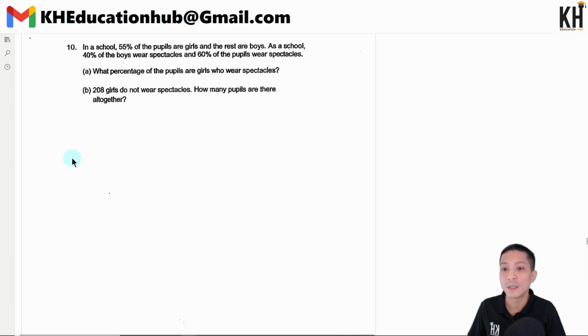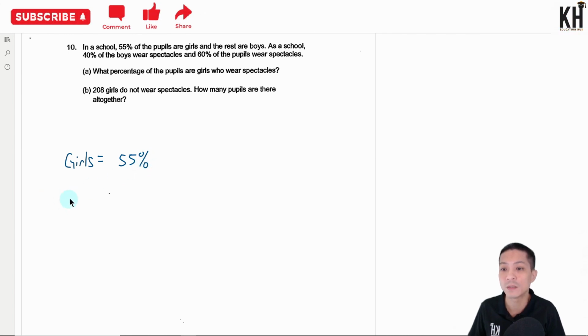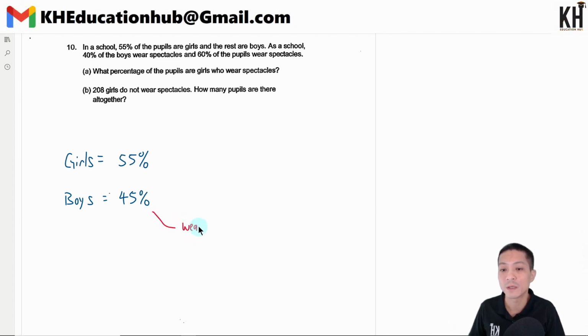Okay, so let us lay out the information first. In the school, 55% of the pupils are girls. So for the girls, it's gonna be 55%. That means the rest are boys, 45%. In the school, 40% of the boys wear specs.